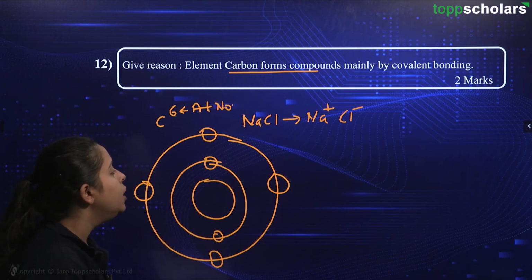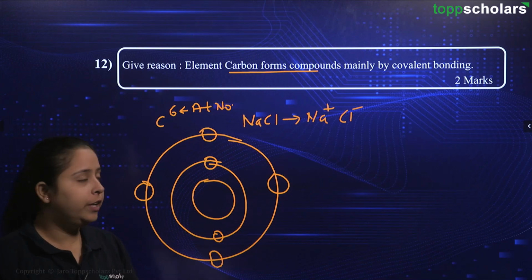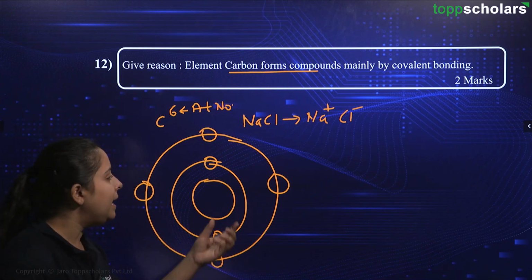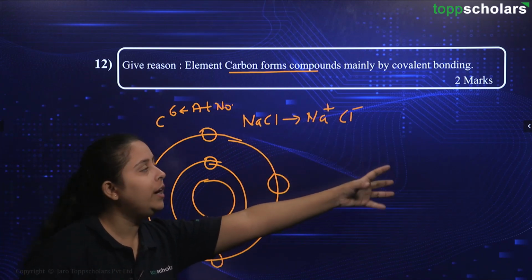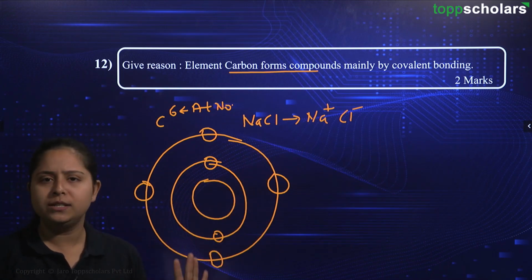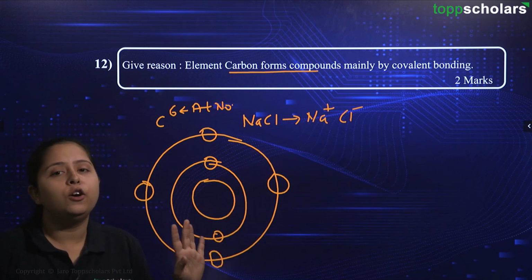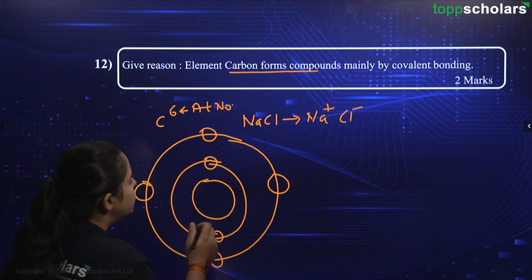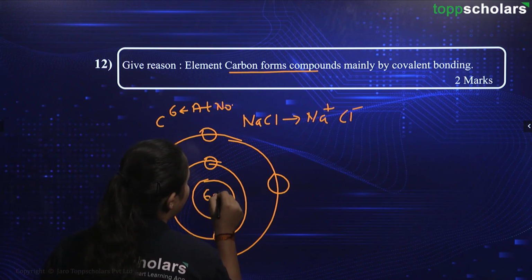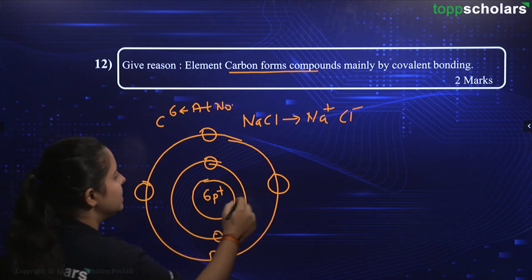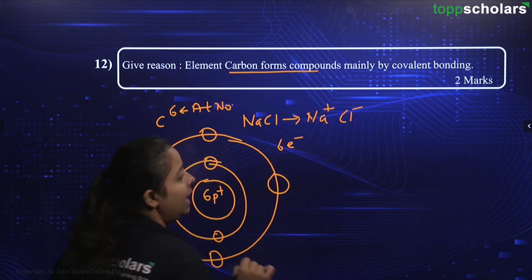Now what will happen? To acquire a stable electronic configuration, this carbon atom can either donate these 4 electrons or accept 4 electrons. Both options are available, but it is choosing neither. Why is that? Over here we have said that 6 protons and 6 electrons are available for the carbon atom.